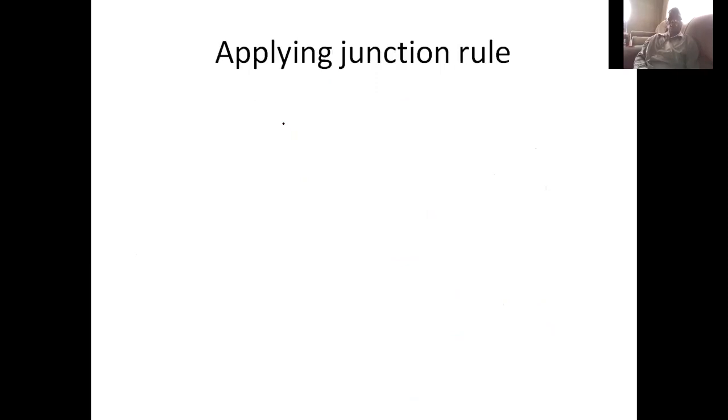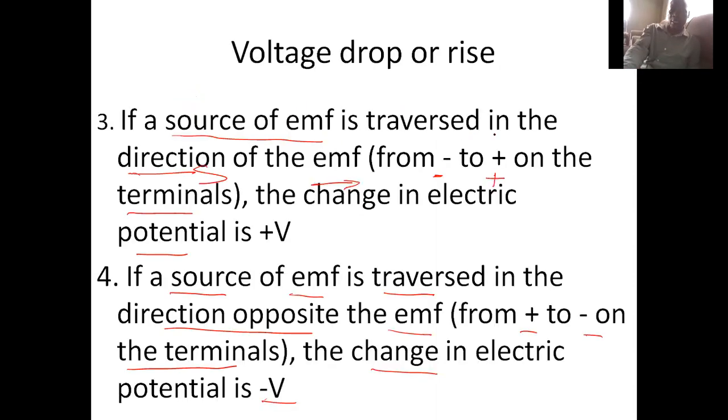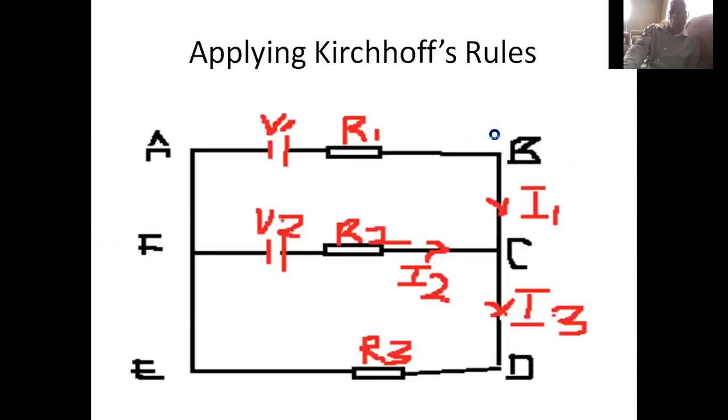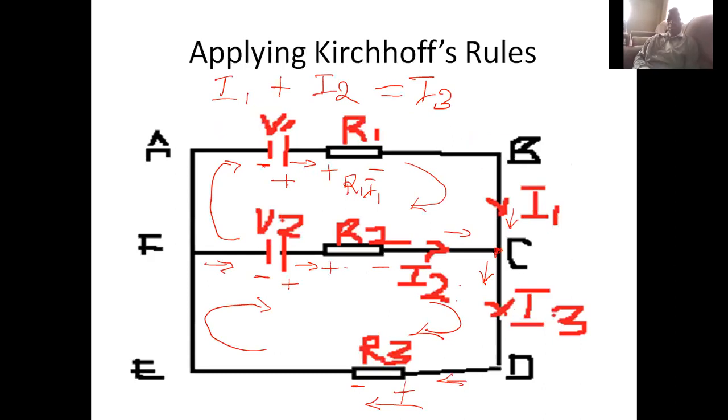Applying the junction rule, as we indicated, current 1 plus current 2 gave us current 3, because we take this junction, the current flowing through this junction, current 1, and here the current flowing through the junction, current 2, and the current flowing away from the junction, current 3. And so that is basically what it means.